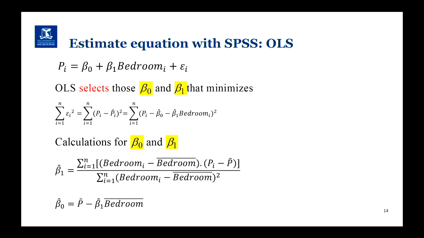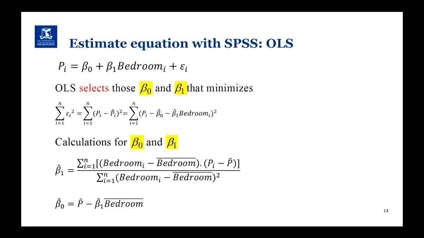Actually, the numerator here is the covariance between the number of bedroom and the house price, and then it is divided by the variance. So if you see the function here, that's the variance of number of bedroom.